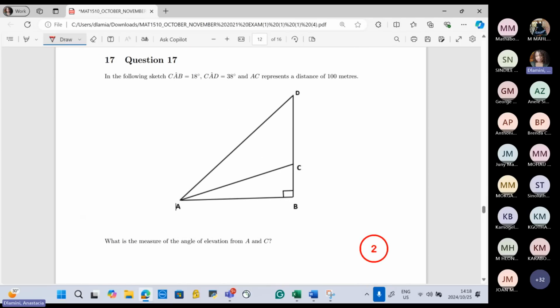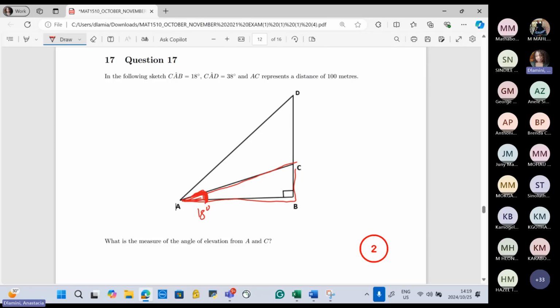Question 17. In the following sketch, we have angles. Where is angle CAB? It's this one over here. This angle over here is what, guys? 18.